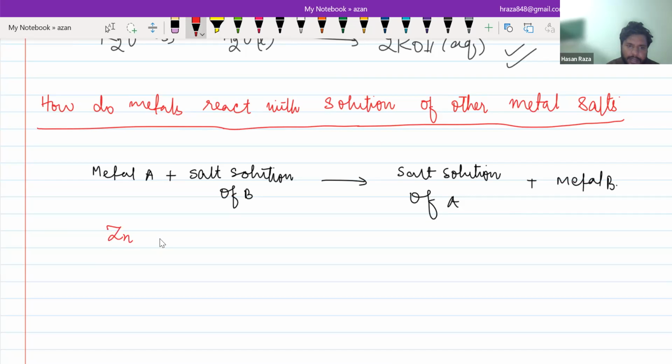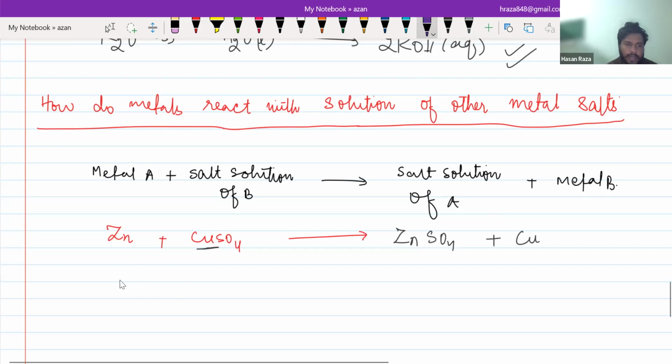If you are going to react zinc with a salt solution of copper, that is copper sulfate, what happens here? Copper will be displaced by zinc, ZnSO4 will be the salt solution of zinc, and copper will be eliminated from the salt solution.